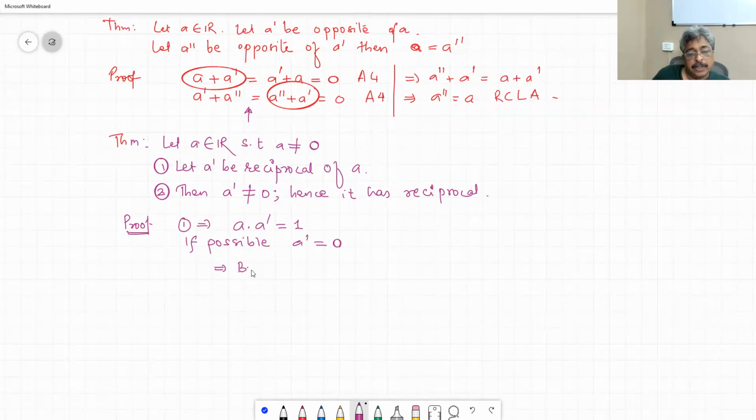This implies, by the annihilation theorem, A into A dash is equal to 0, which implies 1 is equal to 0. Contradiction. This implies A dash is not equal to 0. Hence it has a reciprocal. Next theorem.